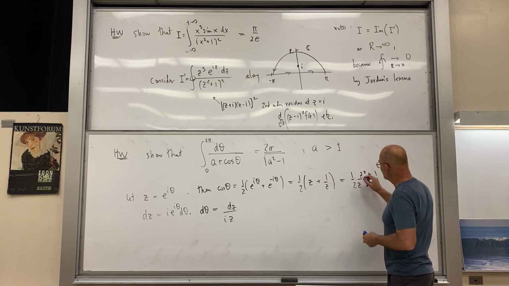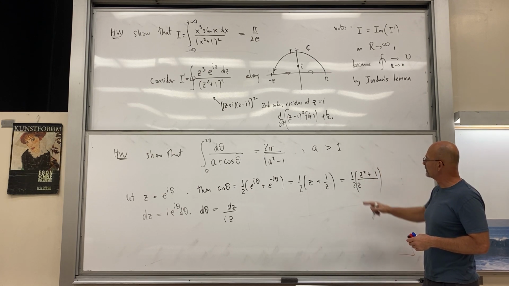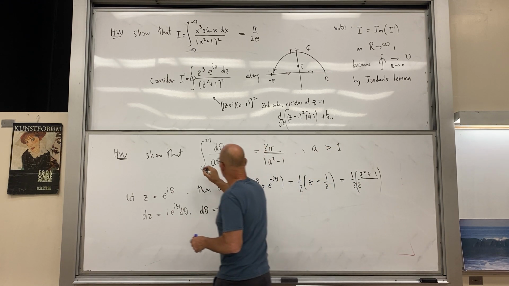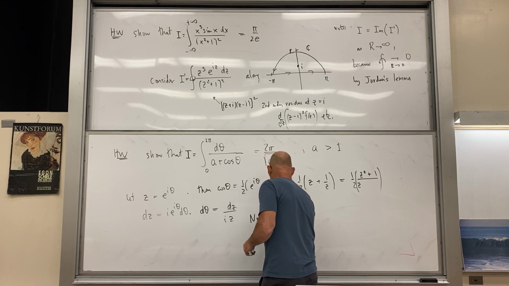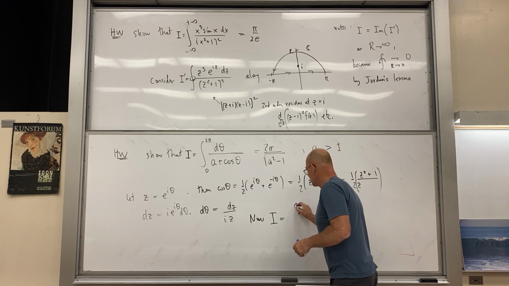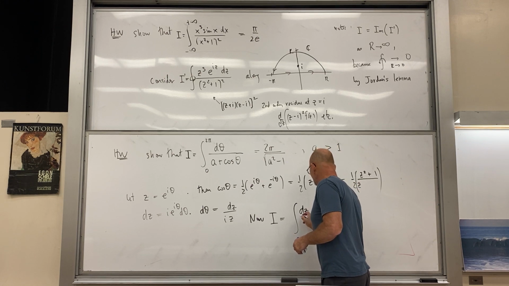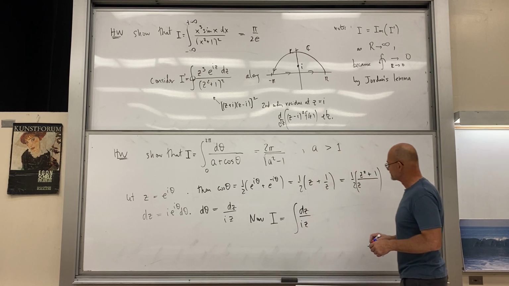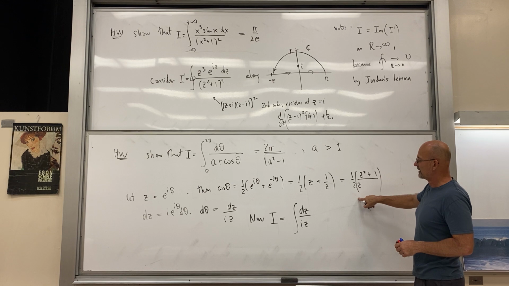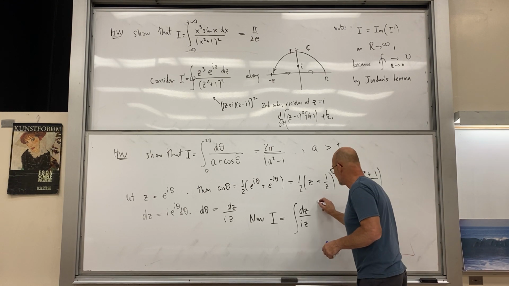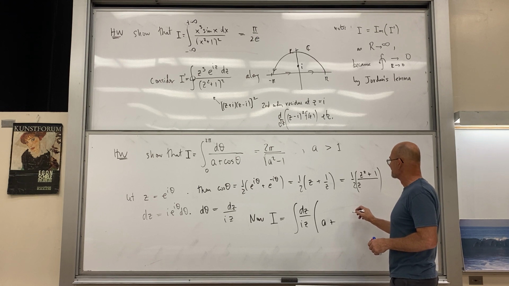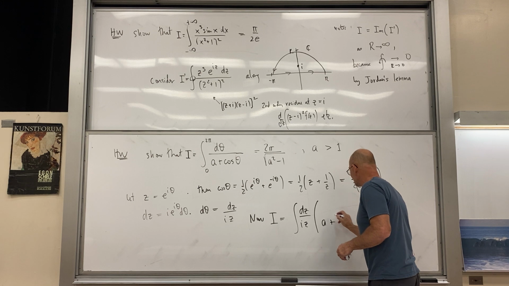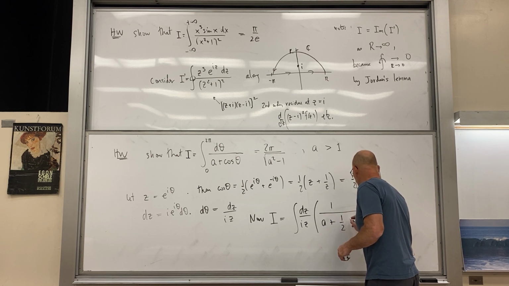So now we can use these substitutions in this integral here, which we'll name I. I is equal to the integral, we have dz over i times z, and then we have this a plus cos theta, a plus this entire thing right here, a plus 1/2 z squared plus 1 over z.